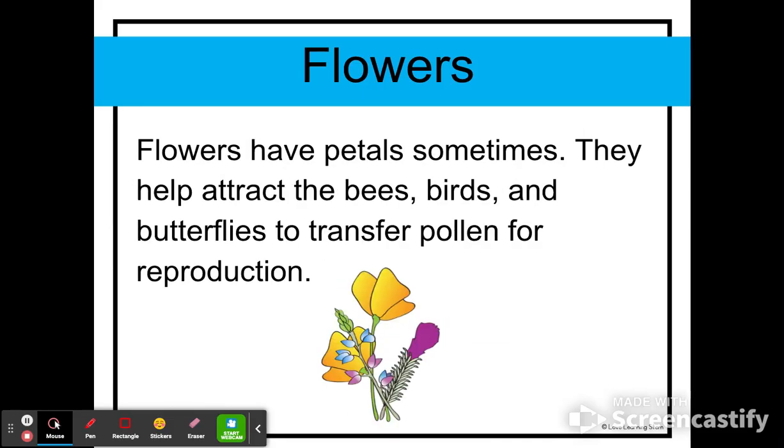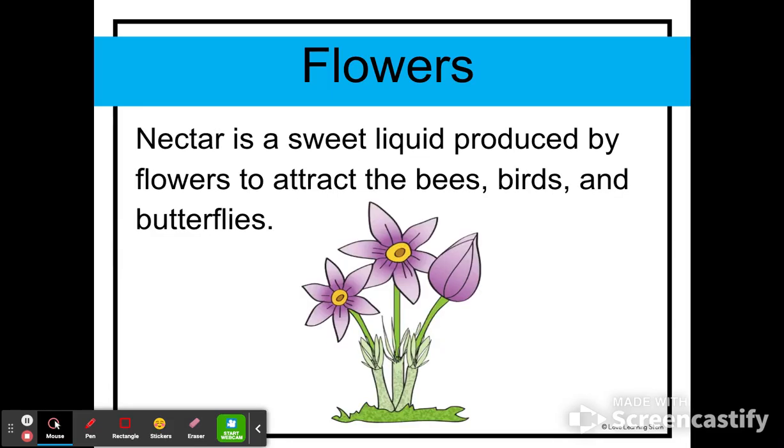Flowers also have petals sometimes, and they help attract the bees, birds, and butterflies to transfer pollen for reproduction. Flowers also have nectar, and that's a sweet liquid produced by flowers to attract the bees, birds, and butterflies. And you guessed it, it's for reproduction.